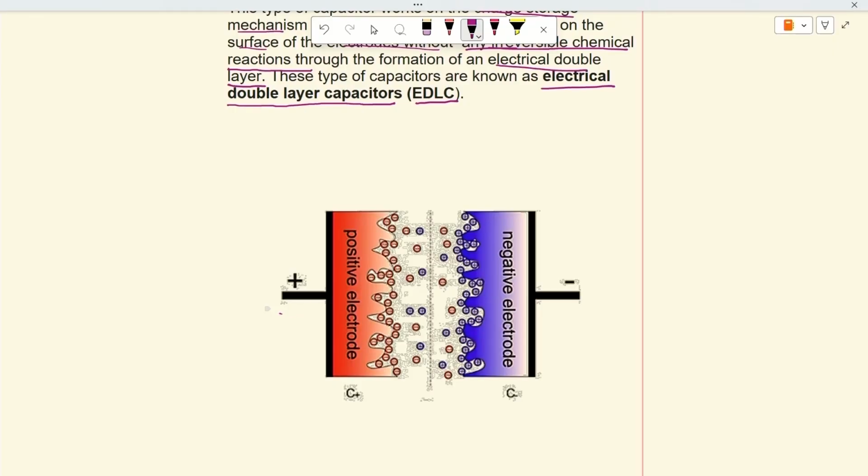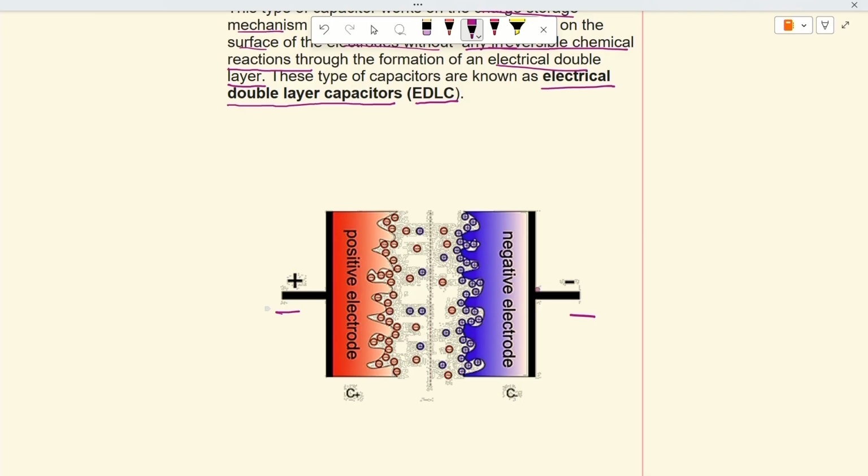See, here it is the positive terminal, and then when we give an electric current, what happens is the positive terminal or the positive electrode, this is the positively polarized electrode, it attracts the negative ions towards it, right. More of negative ions towards it. Of course, there will be positive ones, these are the blue colored, they are there, but to a smaller extent. More of negative ions will be attracted towards itself.